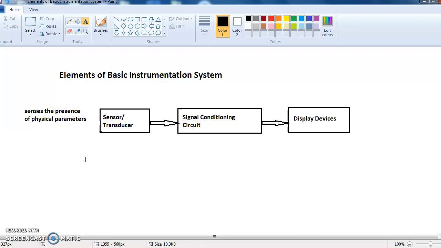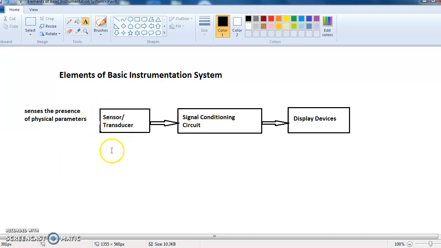So depending on the temperature, the displacement of the mercury in the thermometer will vary. But now we can see what is the input to the thermometer. It is a physical parameter, that is temperature. What is the output of the thermometer? It is again one more physical parameter, that is displacement. So here we are not having any kind of electrical output from the sensor.